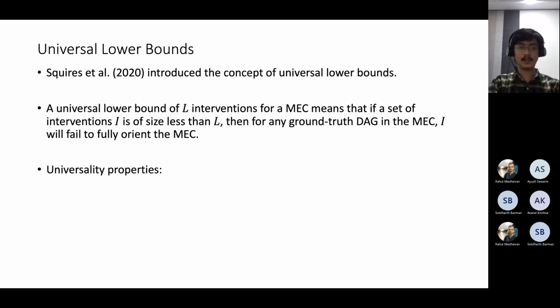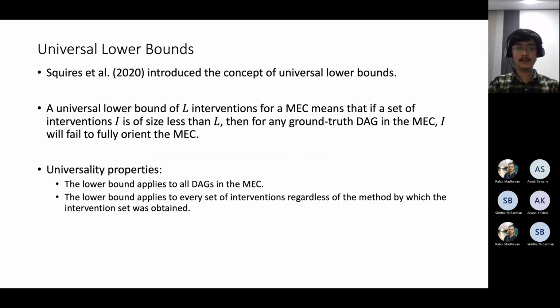It has two main properties. The lower bound is applicable to all DAGs in the MEC. The MEC represents some set of DAGs, and this lower bound is applicable to all the DAGs that the MEC represents. And the lower bound is independent of the method by which the intervention set was obtained.